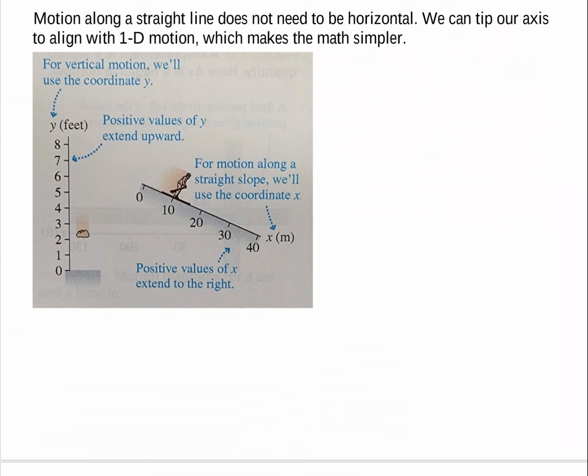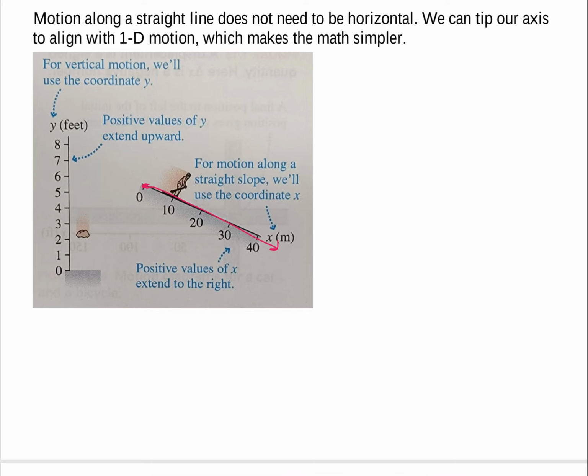Just think of putting the origin up here and dropping the x-axis to align with the motion of this person who's going down the ramp, okay? And now they're moving in a positive x direction, and it's solely one-dimensional motion, even though looking at it, it looks like two-dimensional motion, okay? It simplifies the math, makes it easier.